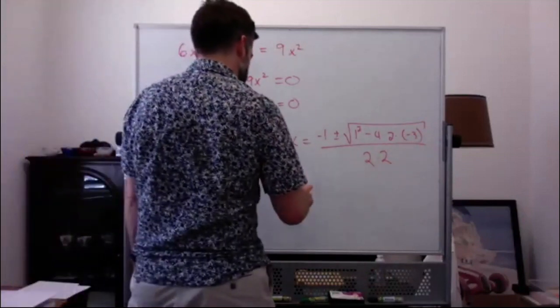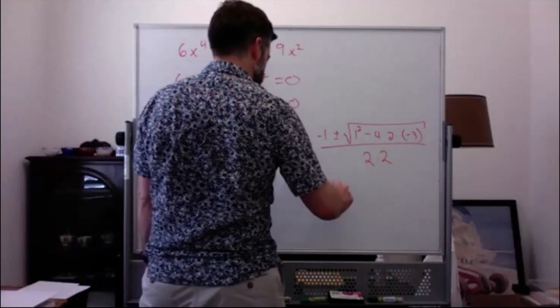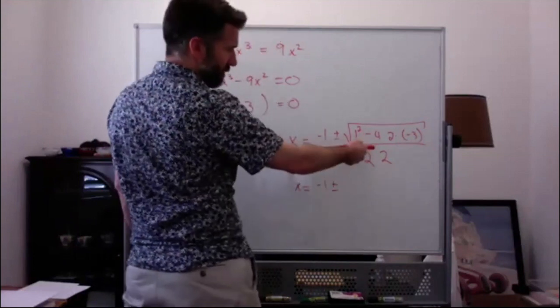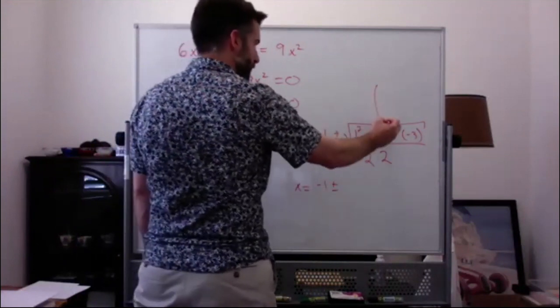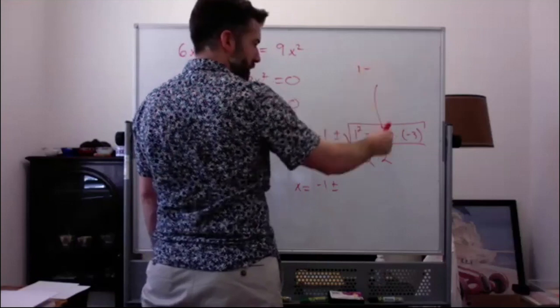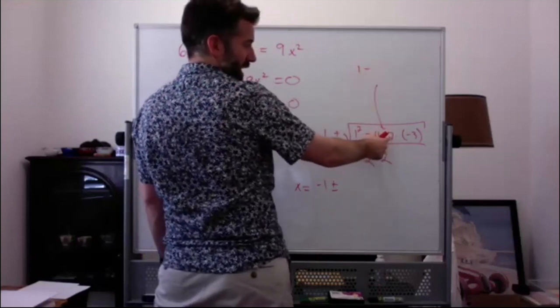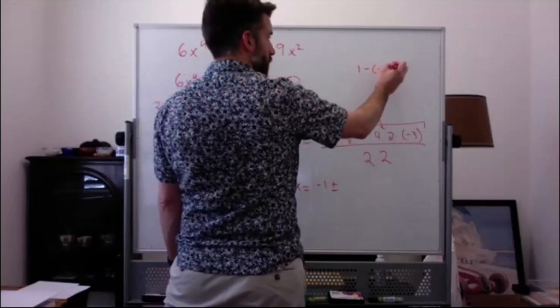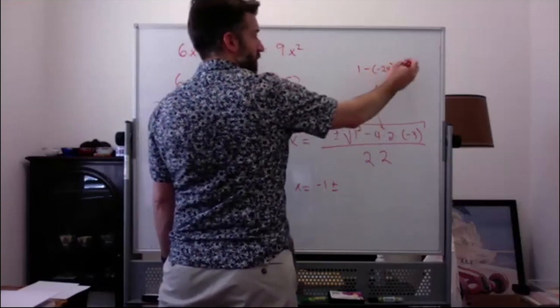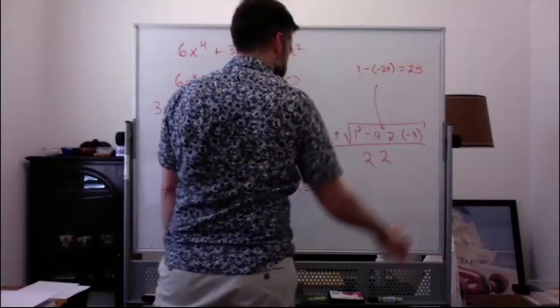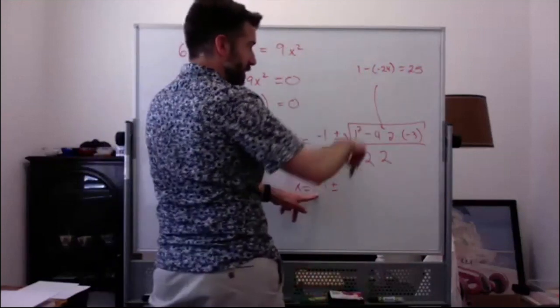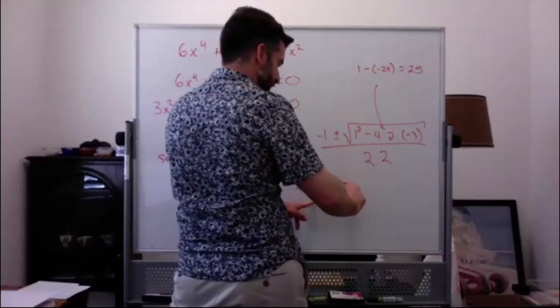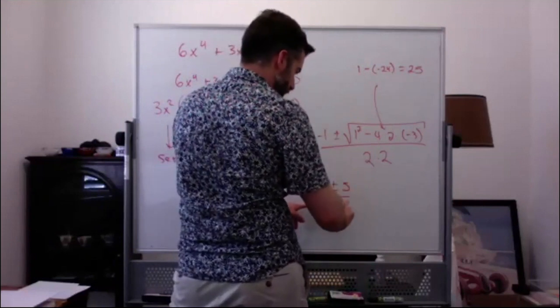So we're going to get x equal to -1 plus or minus. Let's just simplify this real quick. The inside there is 1 minus 4 times 2 is 8 times -3 is -24, which 1 plus 24 is 25. So I'm going to get -1 plus or minus the square root of 25, which is 5, all over 4.